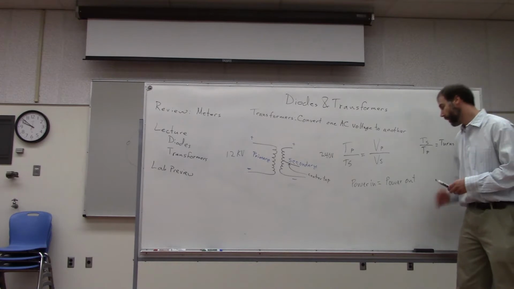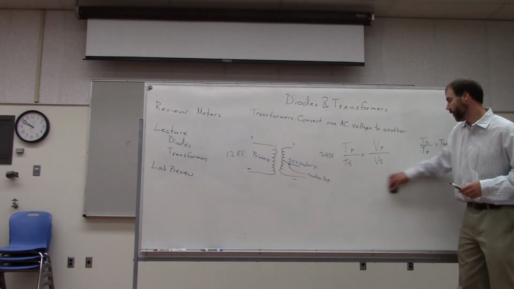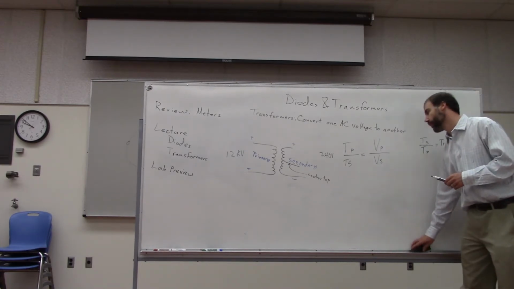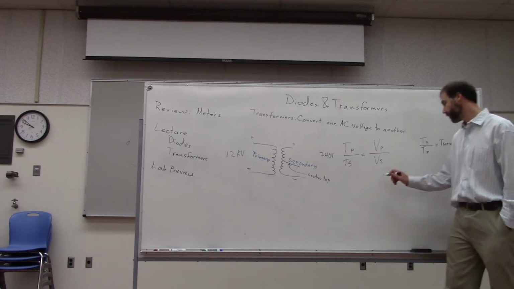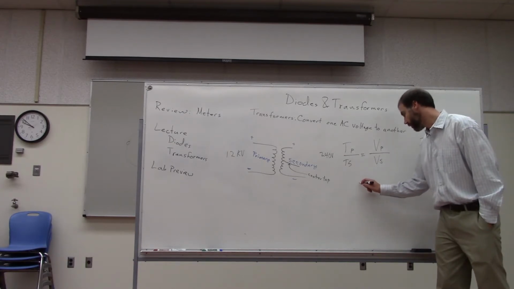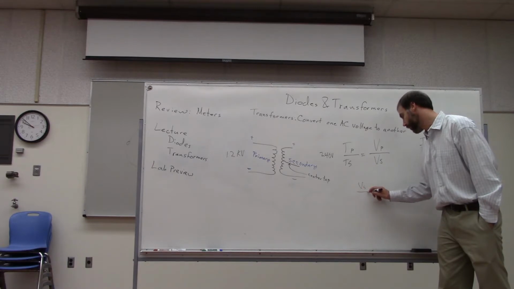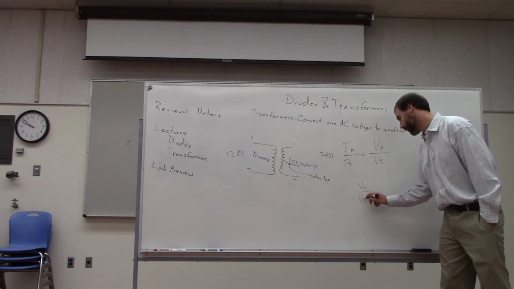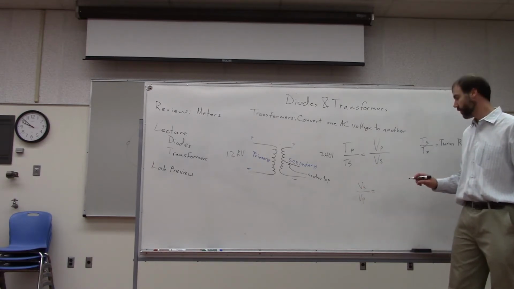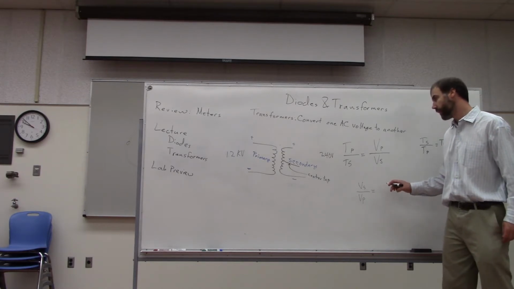So we know that the turns ratio is going to be voltage on the secondary over voltage on the primary. That'd be 500 to 1, right? Yeah, I think so.